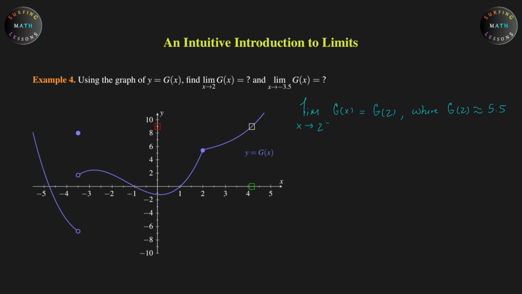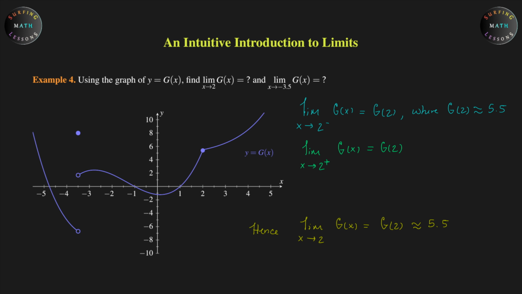Now, as x approaches 2 from the right, we see that g of x gets closer to the y-coordinate of this blue dot. Hence, in this case, we have that g of x approaches g of 2 as x approaches 2 from the right. As both side limits at the limit point c is equal to 2 agree with the value L is equal to g of 2, we conclude that the limit of g of x as x approaches 2 is L is equal to g of 2, which is roughly 5.5.